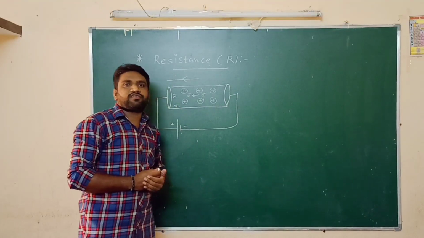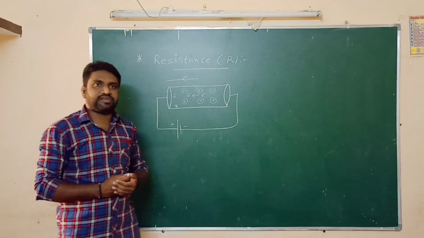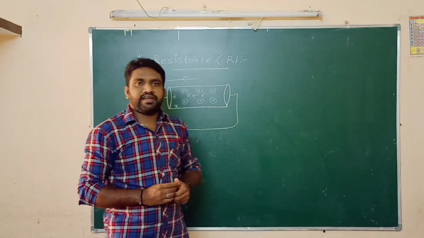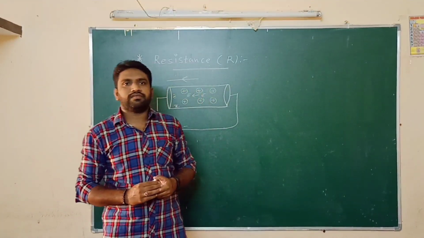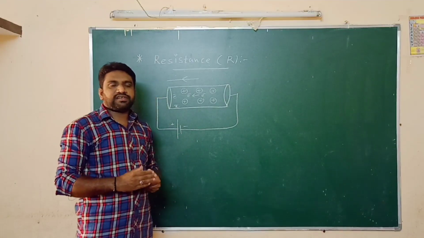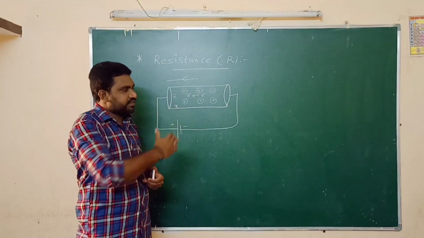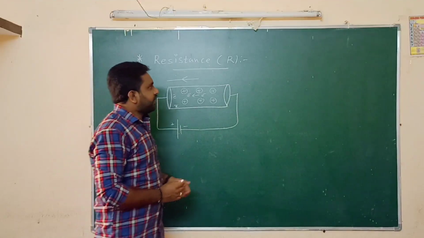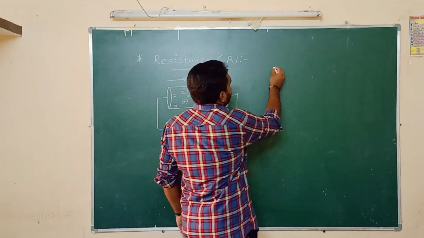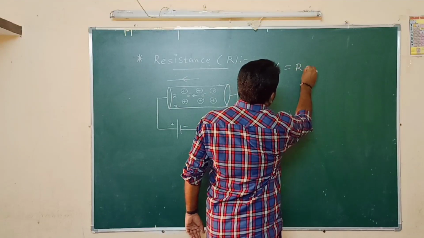Now the definition of resistance. Resistance is a nature of a conductor. It always tries to oppose the flow of free electrons or current. That is nothing but resistance. From Ohm's law we have the equation V equal to RI.